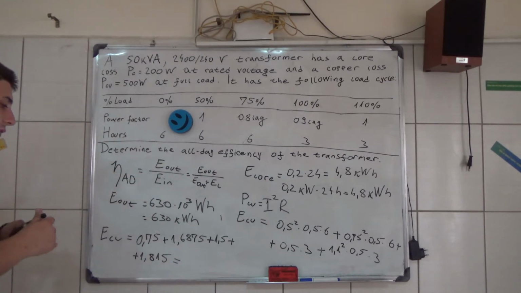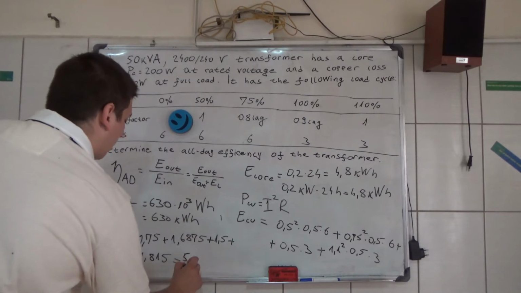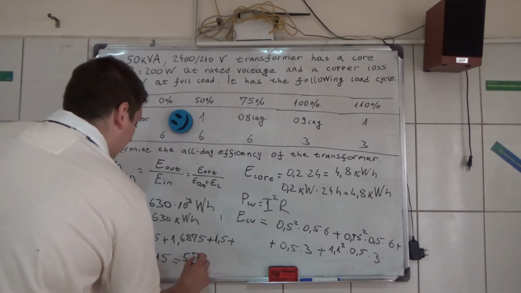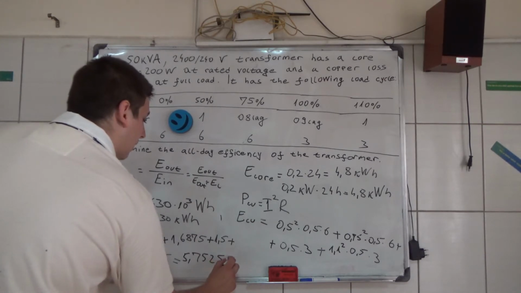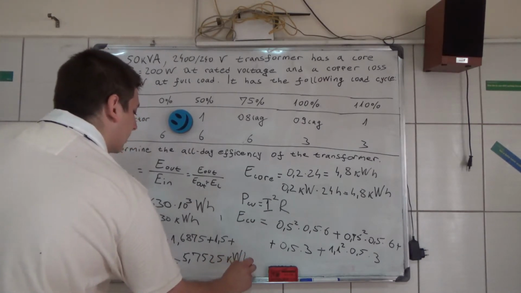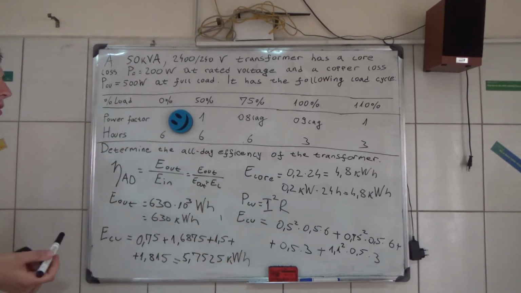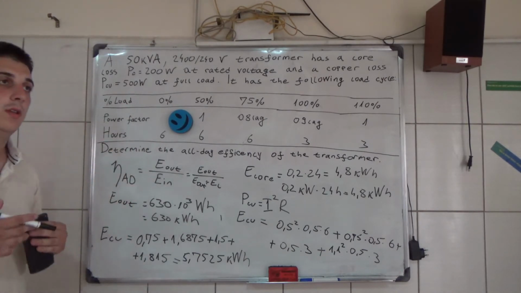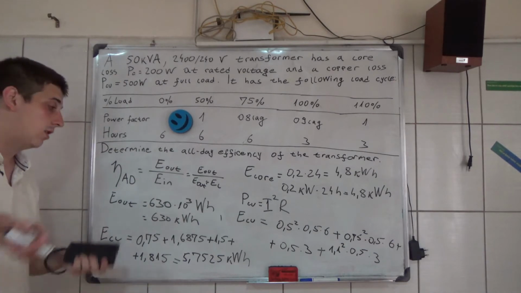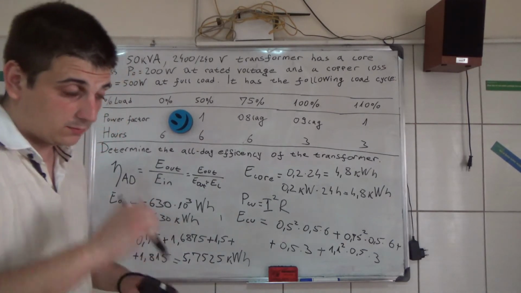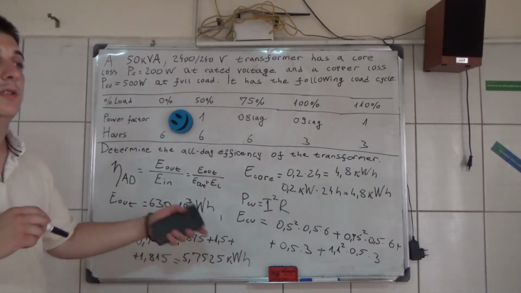And that is equal to 5.7525 kilowatt hours. So in this particular situation, the energy lost in copper, or in the conductors of the transformer, is this.